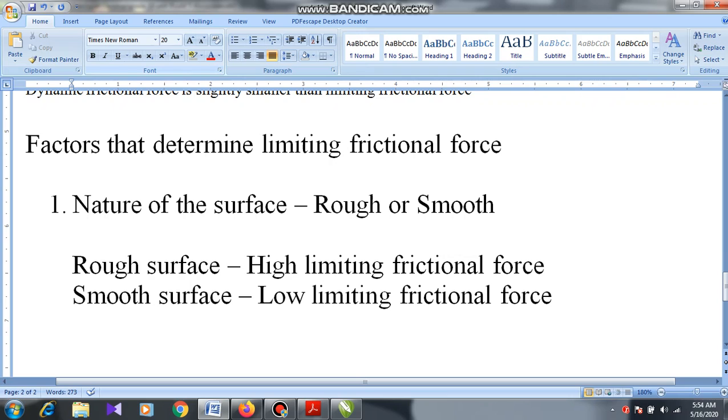Understood? For a simple example, at homes we are fixing tiles to the floor. The tiles in the visiting room and the bedroom are not the same as the tiles in the washing room. The washing room has tiles that are a bit rougher.